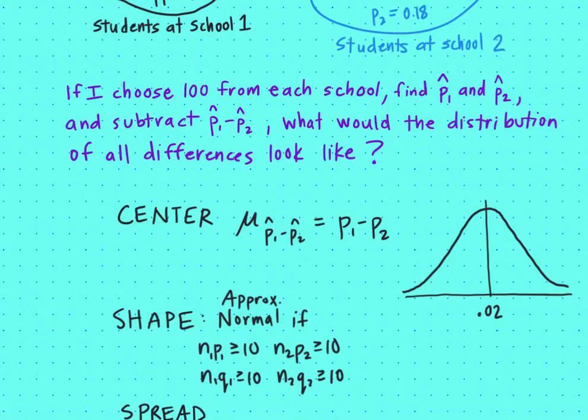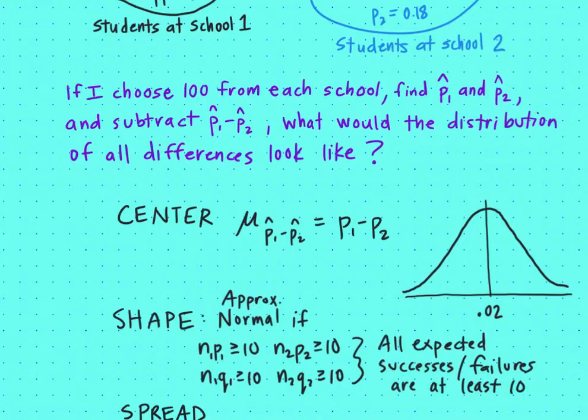So all four of those numbers are at least 10. So we're good to go. So this is going to be an approximately normal sampling distribution of all the differences because all expected, I'm going to put that in word form, all expected successes and failures are at least 10.